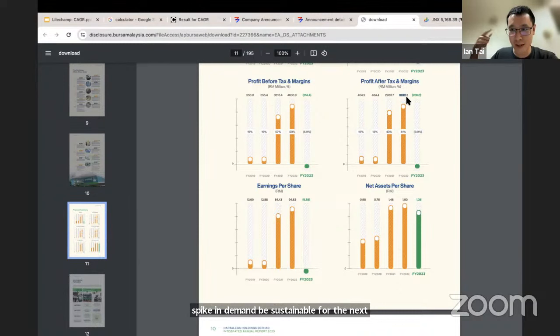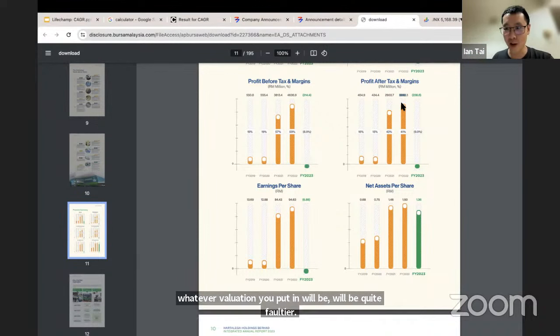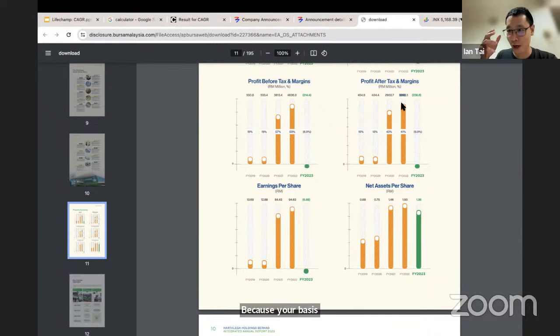That is something investors should be evaluating. And of course, clearly here, the answer is no lah. So whatever valuation you put in will be quite faulty, because your basis is not accurate. When your CAGR is too much and it doesn't happen, then you will be disappointed with the results lah.